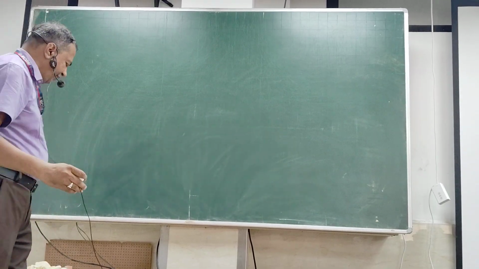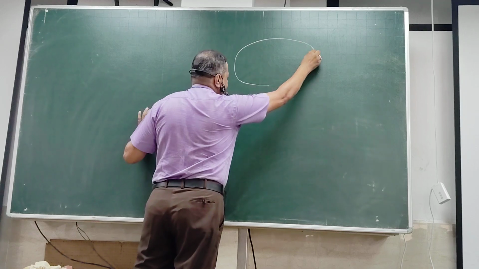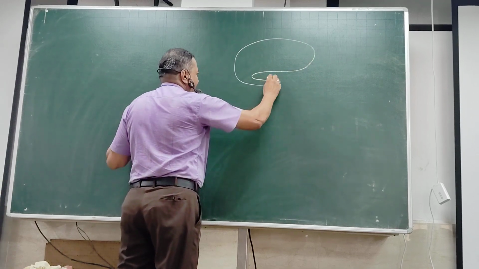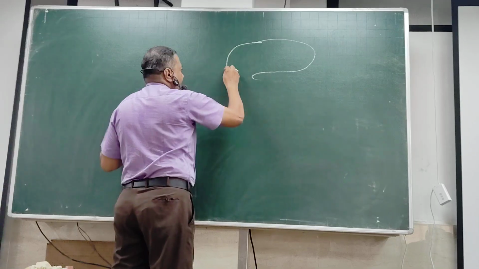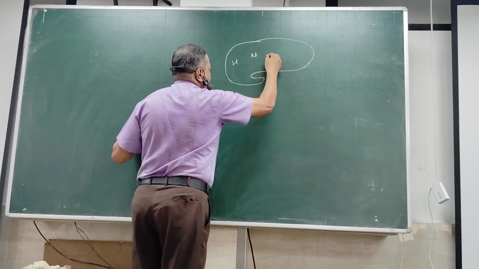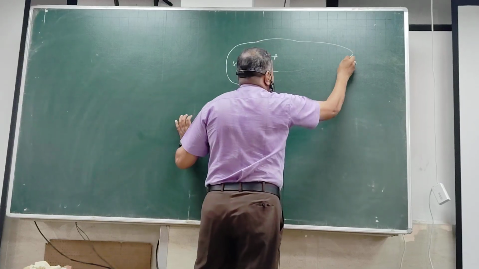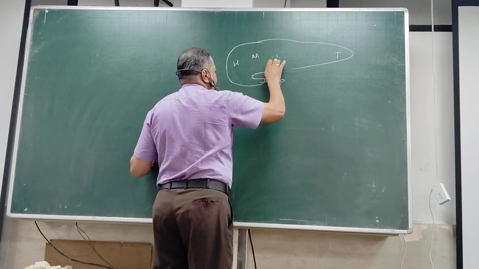So yesterday we studied the pancreas. Yesterday means last class. We studied that the pancreas has a head, neck, body, tail, and uncinate process.